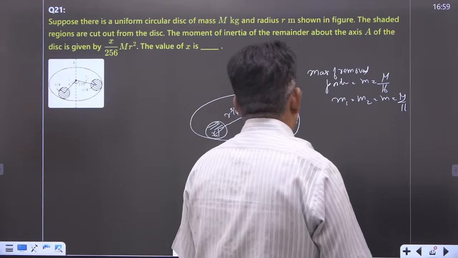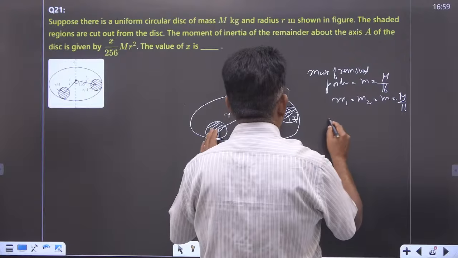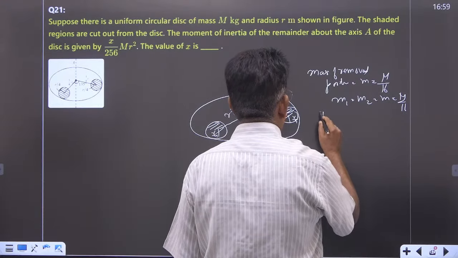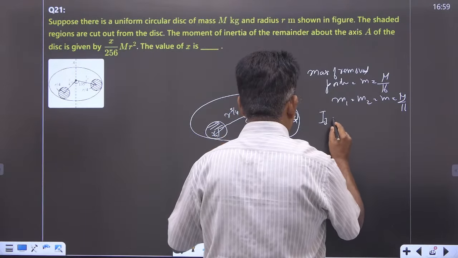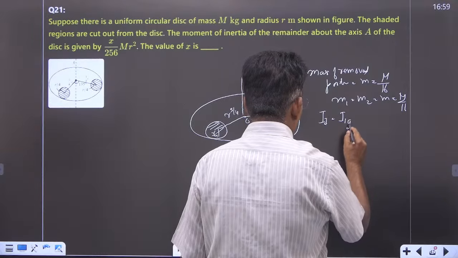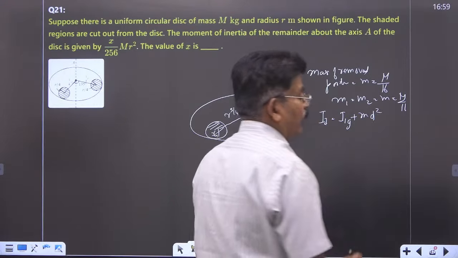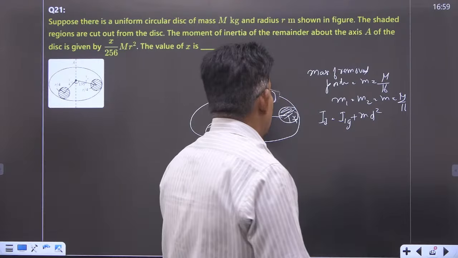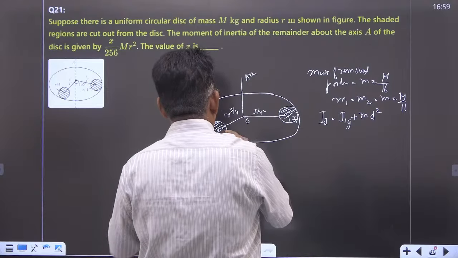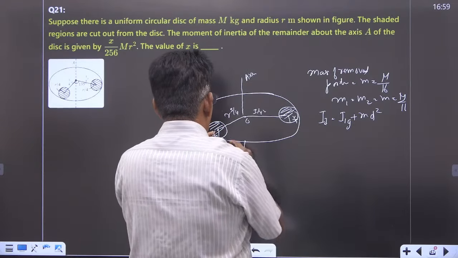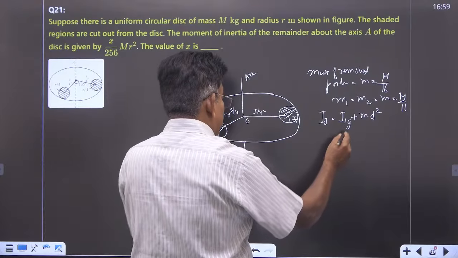Now, what will be the moment of inertia of each removed one? I1 is I1G plus m d squared. You have to be very careful. This is my axis, so I had to shift the axis and use the parallel axis theorem. I want the moment of inertia about the central axis, that is I1G plus m d squared.